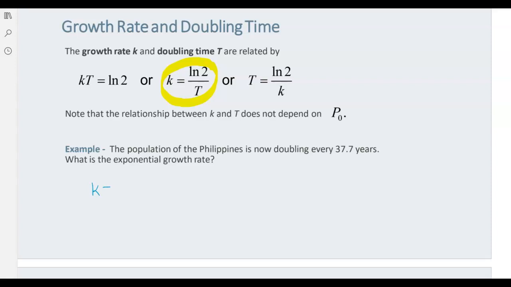So K is going to be the natural log of 2 divided by the time, 37 years. Plugging that into a calculator, we get 0.0184, which is the same as 1.84%. Remember that we always do calculations with decimals and we have to convert them back and forth to percentage numbers.